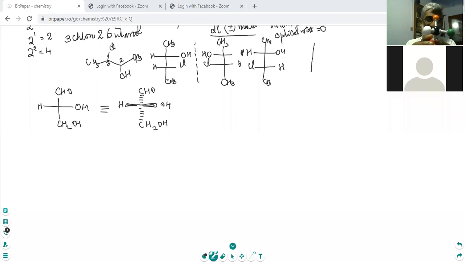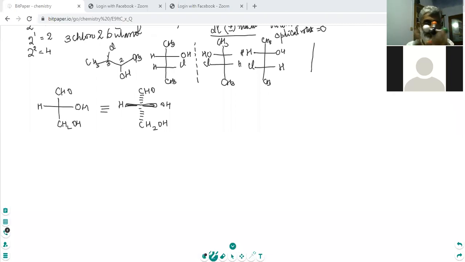I don't know whether you are seeing the right way. If you look from there, are you seeing the right way? Is this OH group the way I have written on the board, or is it opposite? How do you see it? Because I'm looking from the back side.